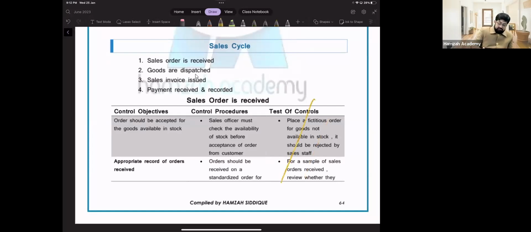So, sale order. I have taken the example, an assumption of a foreseeable process of sale: a sale order is received, then goods are dispatched by the company, then a sale invoice is issued, payment received and recorded.